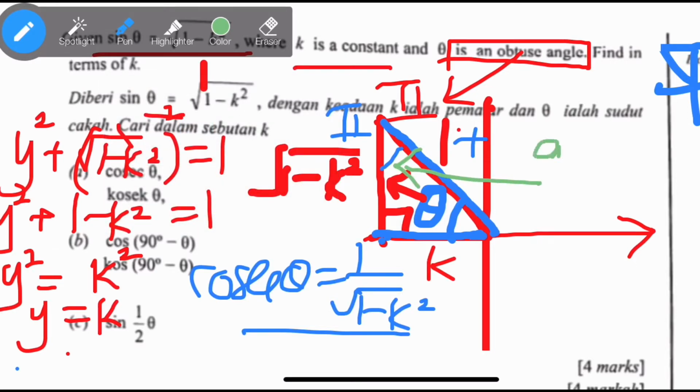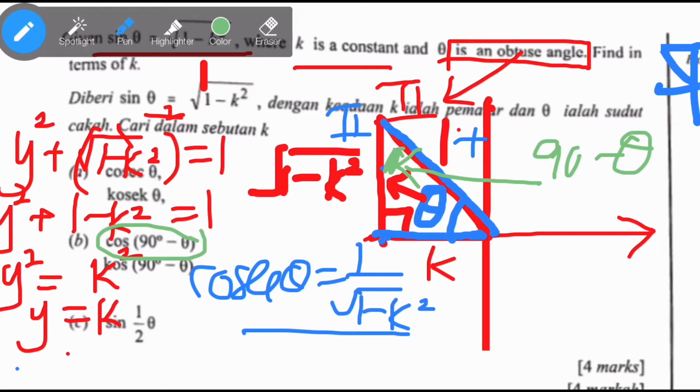So that angle, shown by the green arrow, should be 90 minus theta. For example, if theta is 30, the other angle will be 90 minus 30, so 60. The relationship is always 90 minus theta. So then we can read our cos of 90 minus theta.